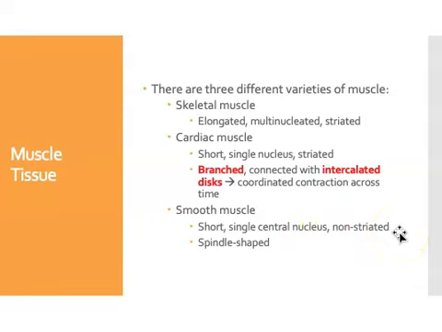Smooth muscle does not have the stripes in it that we see in both skeletal muscle and cardiac muscle. Smooth muscle cells have a unique shape to them. They are what we describe as spindle shaped. So they don't look like a typical round cell at all. They are stretched out, but they are much shorter than what we've seen in skeletal muscle fibers.